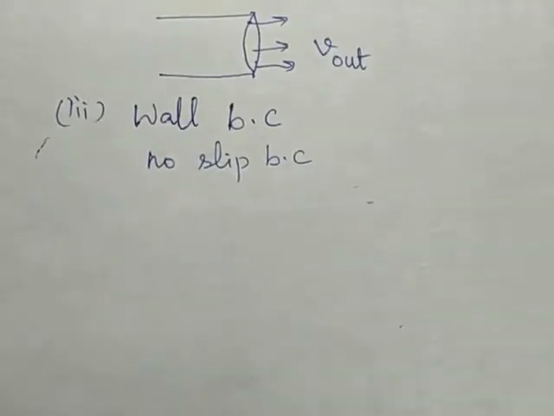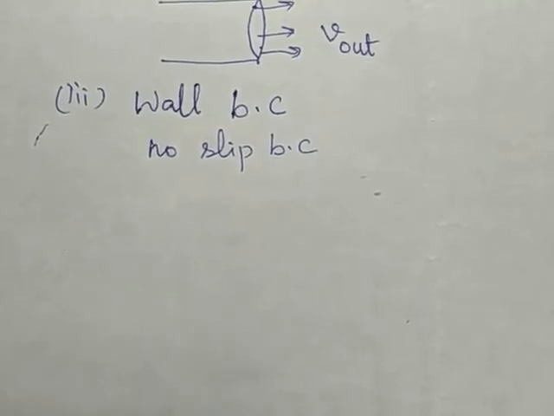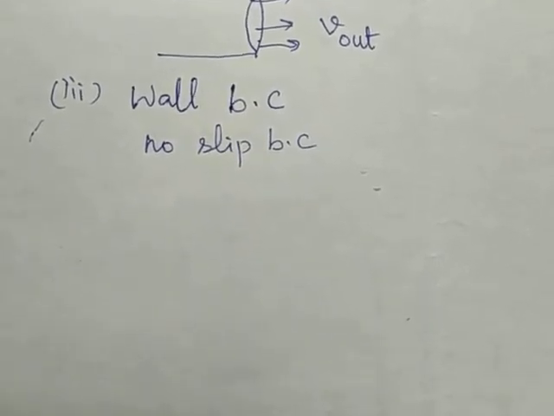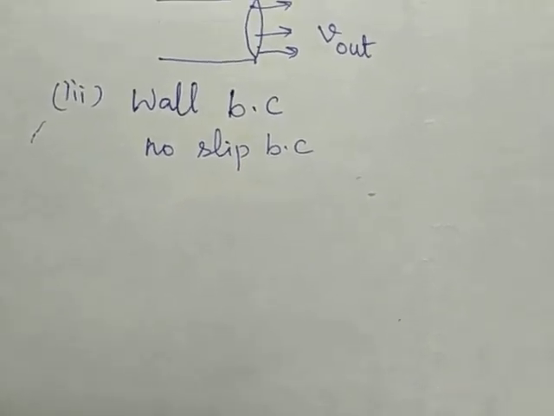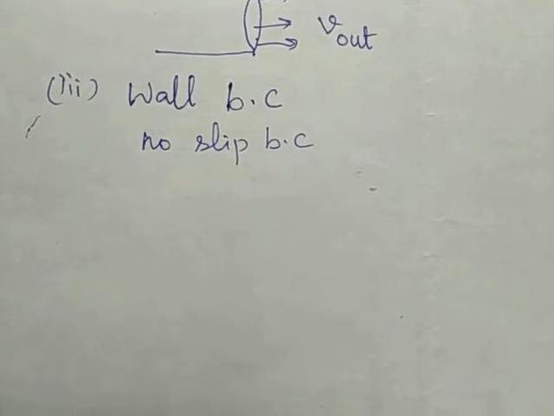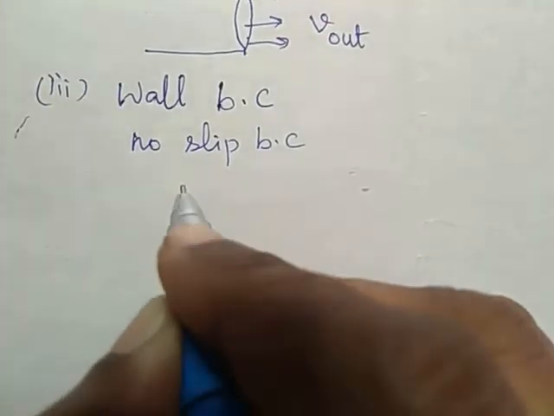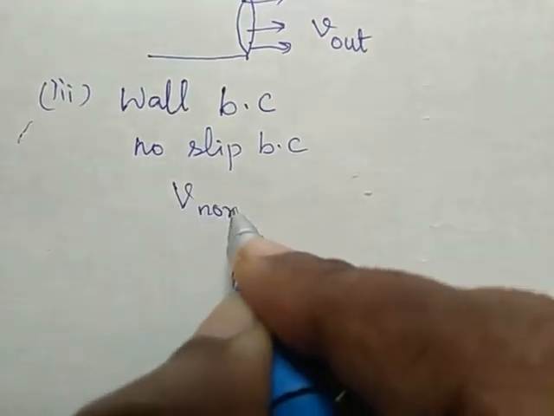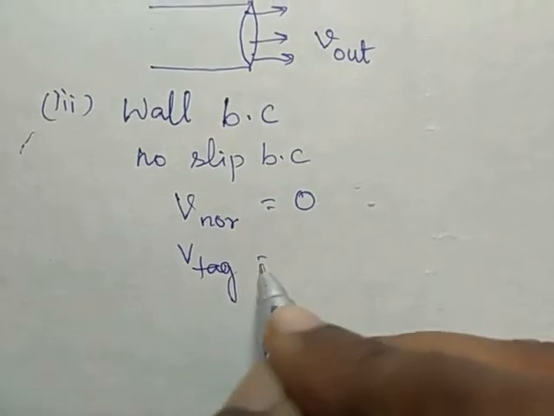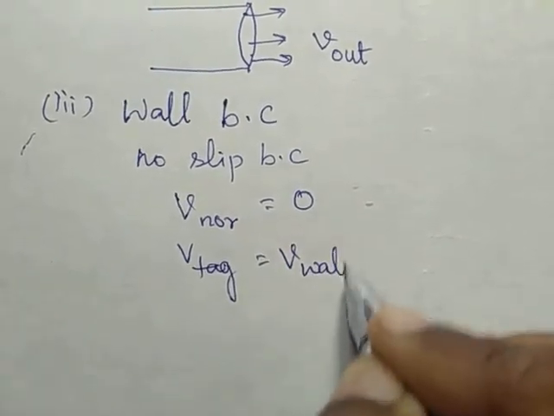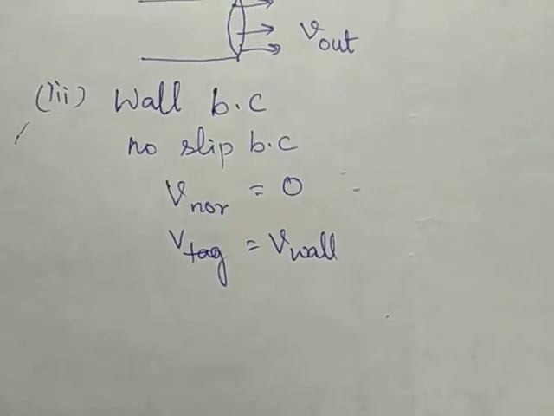Wall boundary condition, or no slip boundary condition, is appropriate for velocity components. Here the normal velocity component is 0, and the tangential velocity component is the velocity of the wall. V normal is 0, V tangential is the velocity of the wall. So what is no slip boundary condition?